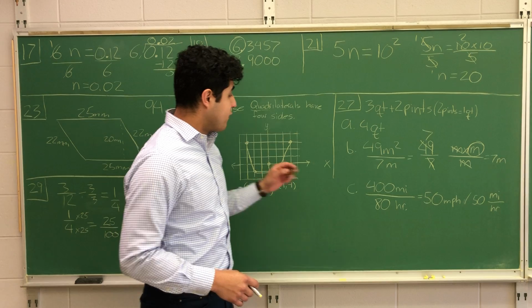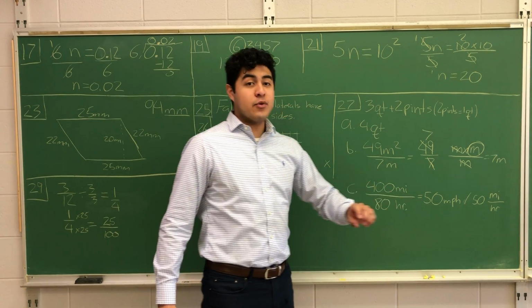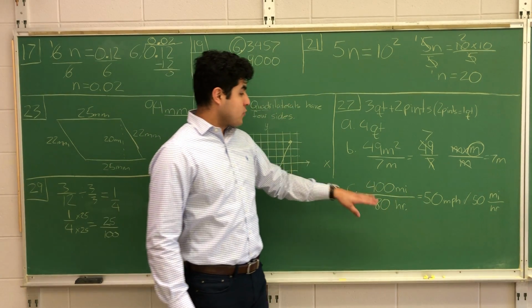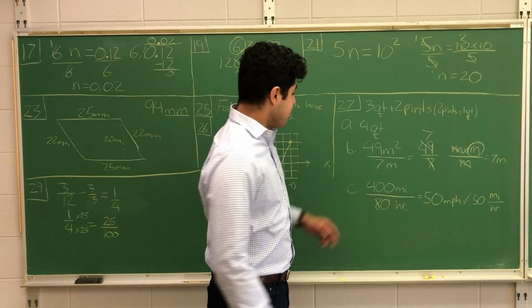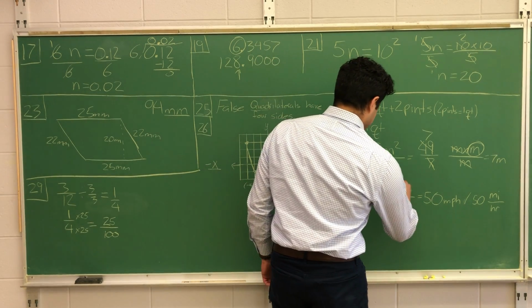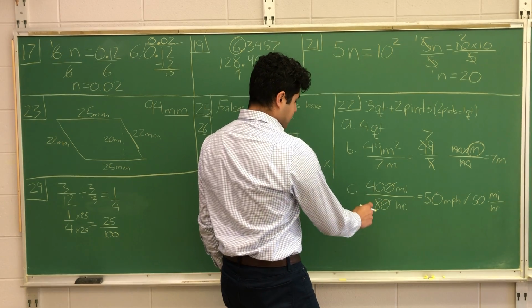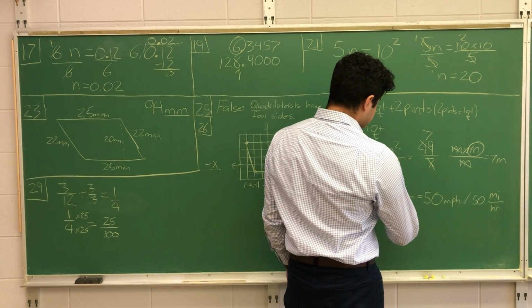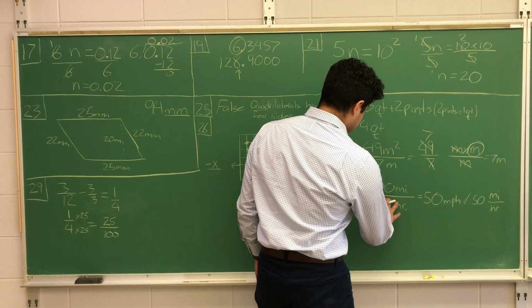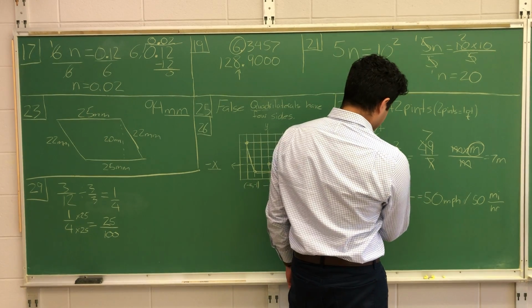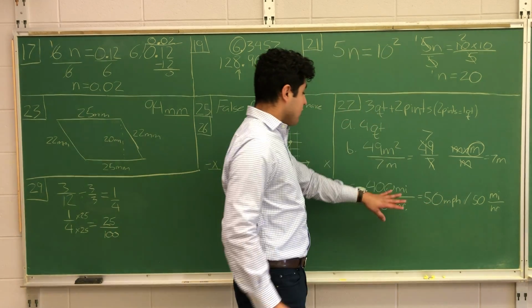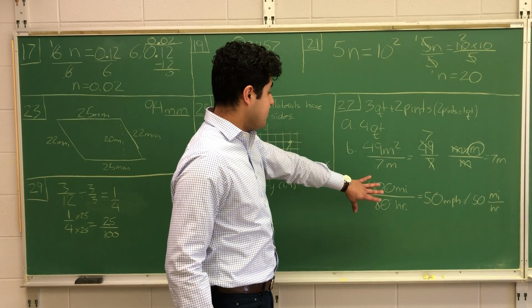Next, we have 400 miles over 80 hours, okay? So I set my digits aside. I can cross these out to help me simplify. So 8 goes into 40, 5 times evenly. Oh, I'm sorry, I don't need to do that. Actually, 80 goes into 400 5 times evenly. So go ahead and do that.